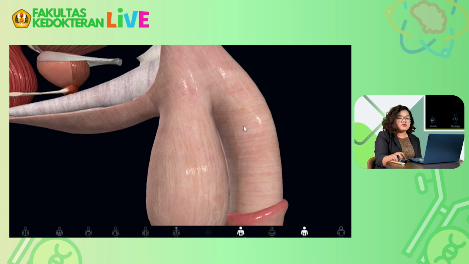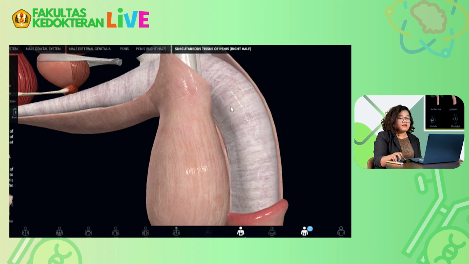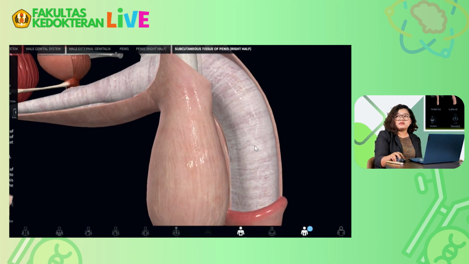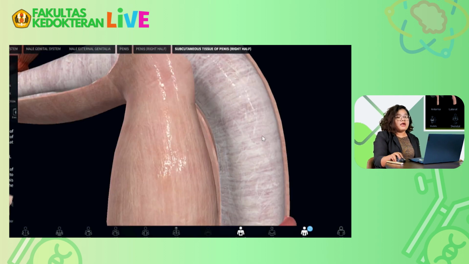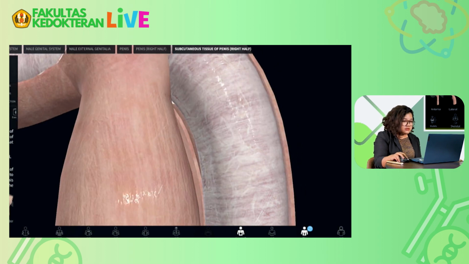From the outside to the inside, let's see here. We can see that on the outside it has the skin. The skin on the penis is very thin, and it's relatively darker than the other parts of the body. And then it has a thin connective tissue as well. After that, we have some lymphatic and blood vessels.